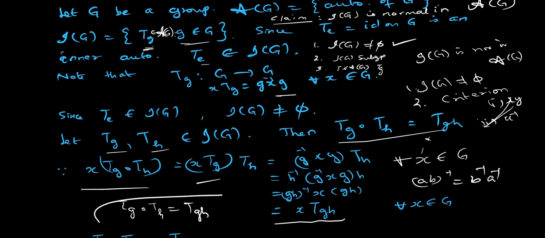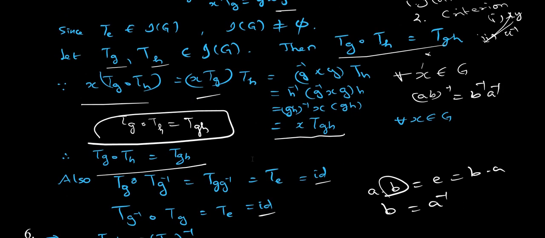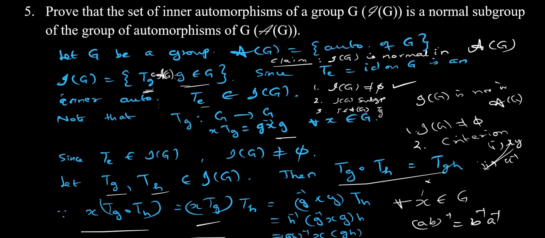So this will help us in proving the closure as well as inverse. So we have considered Tg and Th to be any two members of script I of G. For any element to be in script I of G, you just see the description of this.